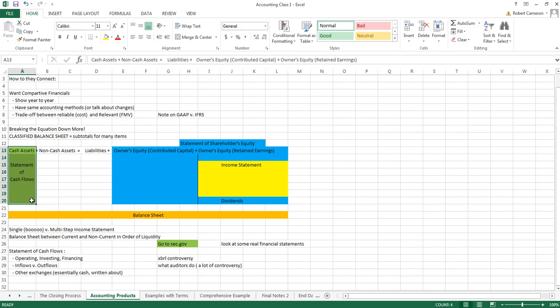The best way you can learn sometimes is by example. So here's a preview of what we're going to do: next time we meet, we'll do a comprehensive example. Here's how you put these things in the accounting equation, and here's how we make all the financial statements based off of them.